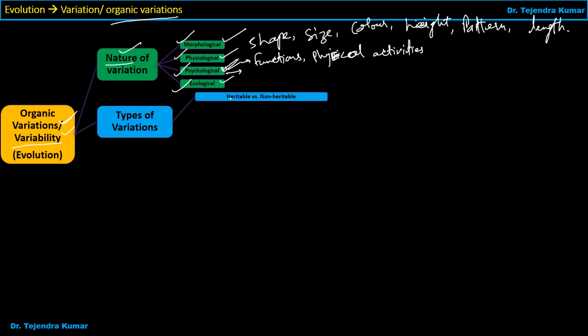The first one is heritable versus non-heritable. Heritable are those characteristics which generally pass on from one generation to the next generation, meaning these are genetic or gametic types of variation. That is why they are important for passing on characters from one generation to the next.